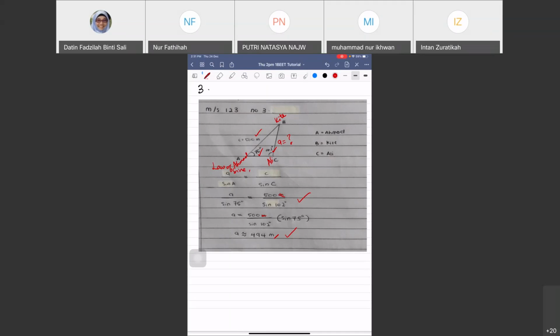Okay, let me check, maybe I overlooked this. Oh, you sent me the PDF, no wonder. I forgot about this because it is a PDF.